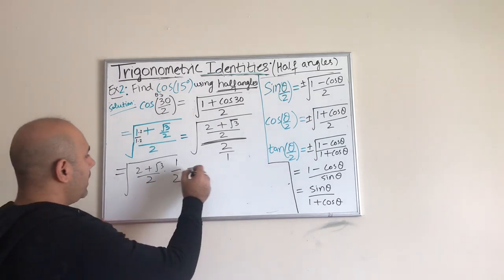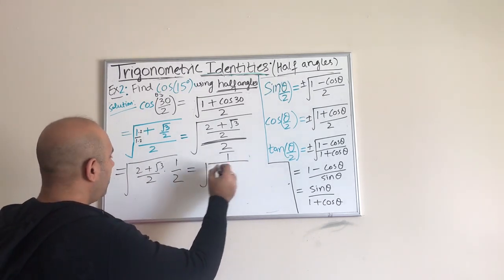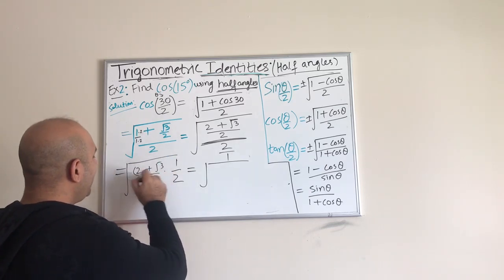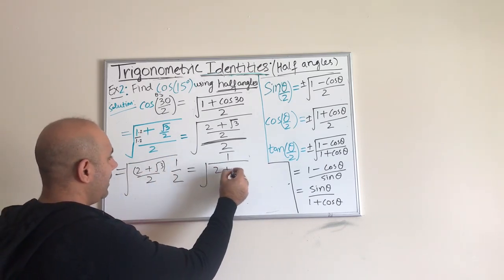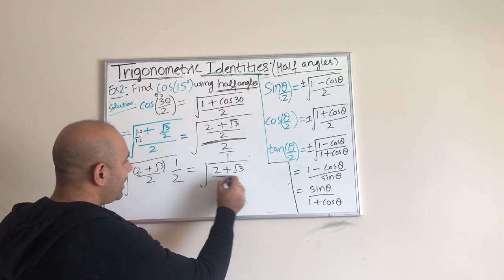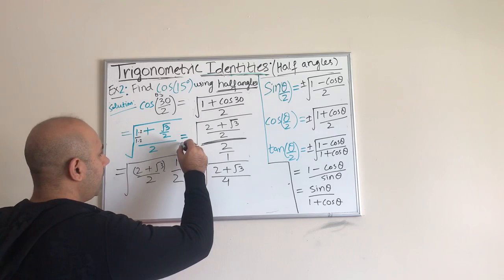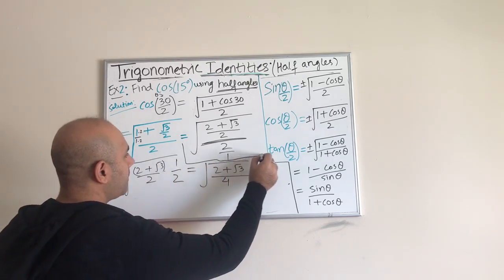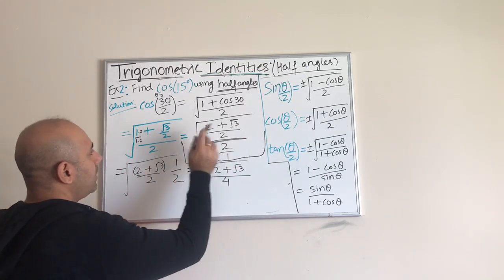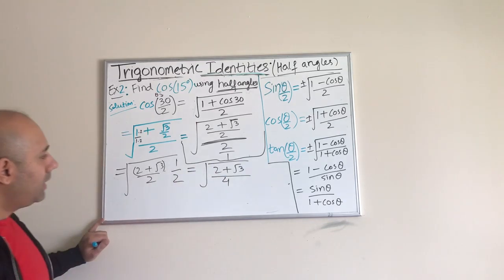So let us move on. This simplifies to 2 plus radical 3 times 1, which is just 2 plus radical 3. But downstairs I have 2 times 2, which is 4. I don't want you to get confused. This is this here, and now we are moving ahead.